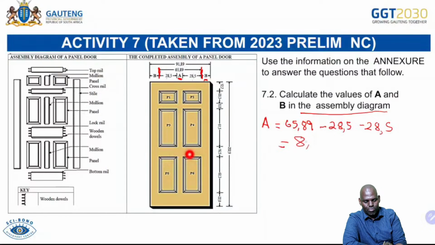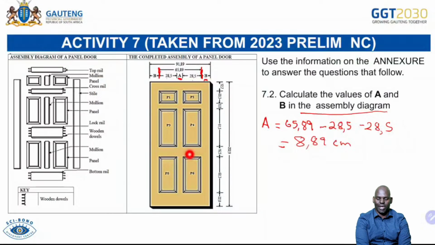This is the value of A. We know that everything is in centimeters, so I can just indicate that A is 8,89 centimeters, or just 8,89.